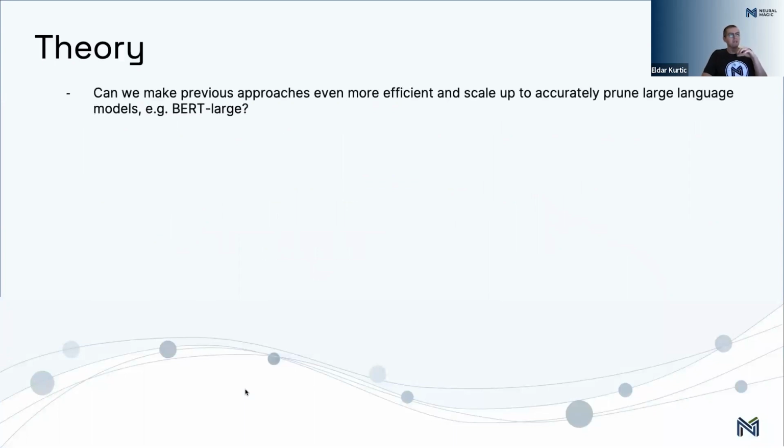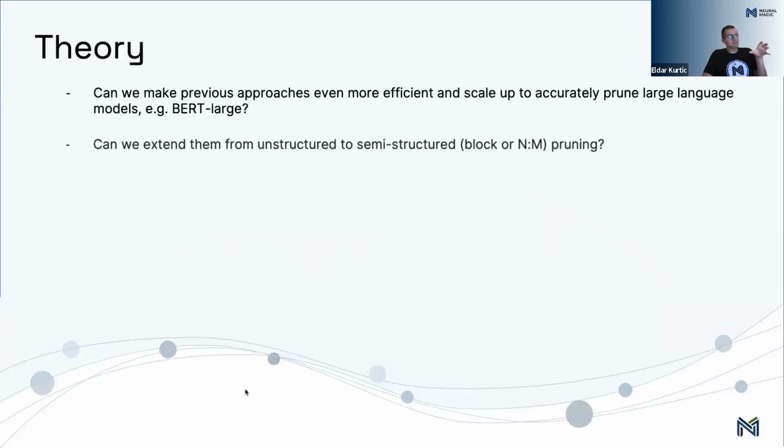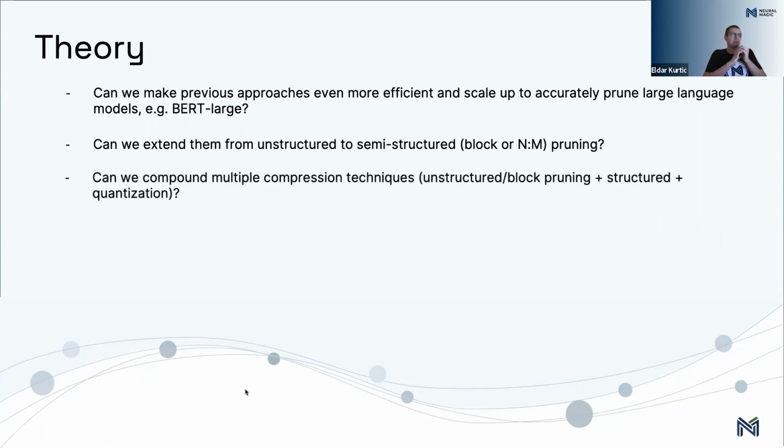So the next question in addition to that was if we can actually extend this standard second-order pruning pipeline from unstructured to semi-structured pruning, where we can also cover pruning of blocks of weights or some specific N:M shapes. And the last question that we also wanted to get an answer to is actually the compound compression pipeline.